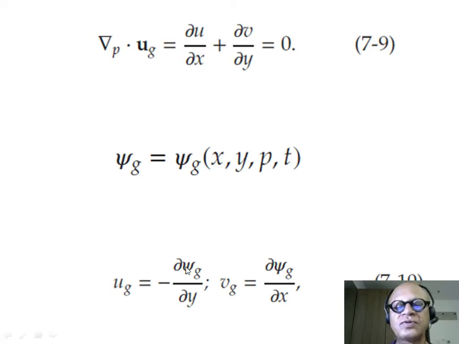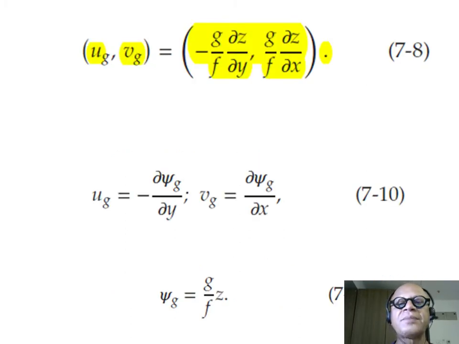So that's what this is saying, that height contours on a pressure surface are streamlines of geostrophic flow. So their gradients are geostrophic flow. ug is minus d psi g. So here the stream function is just g over f times z. Okay, z is the height of the pressure surface.